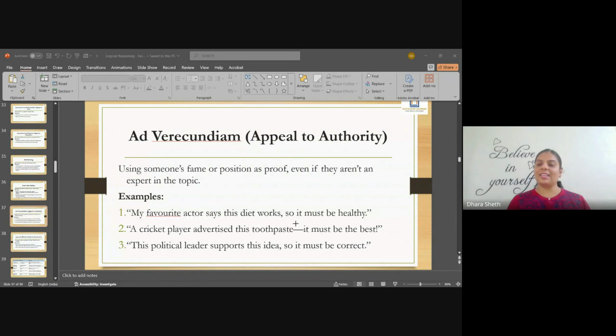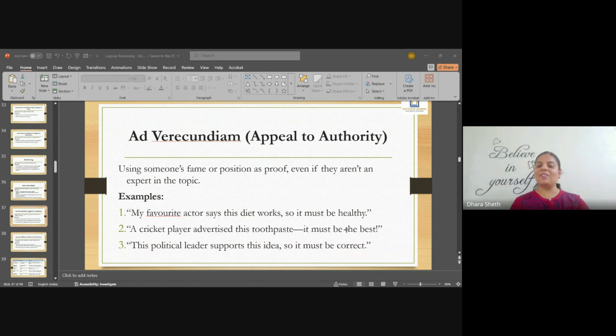But an actor giving a statement about diet, which is actually the role of a nutritionist, you cannot take that as truth or as a logical conclusion which is true. So my favorite actor says this diet works, so it must be healthy, is appeal to authority. You are giving authority to someone who's not an expert in their field, but is a celebrity or an expert in some other area.